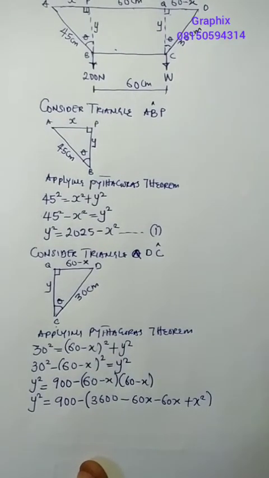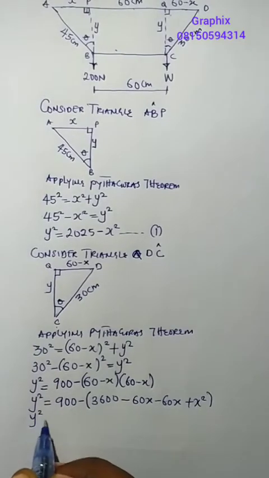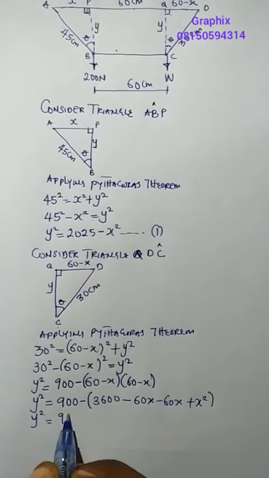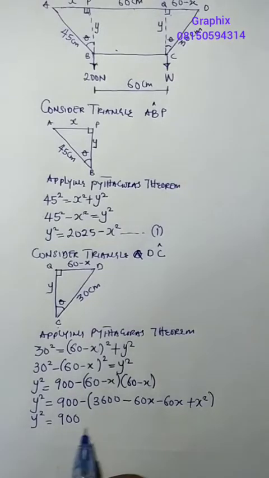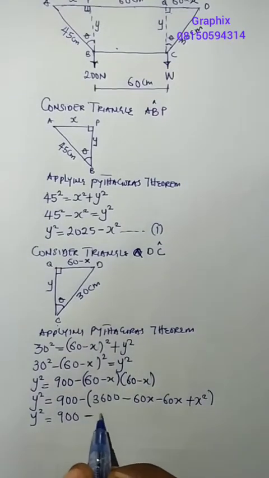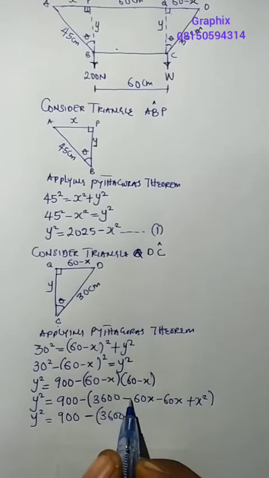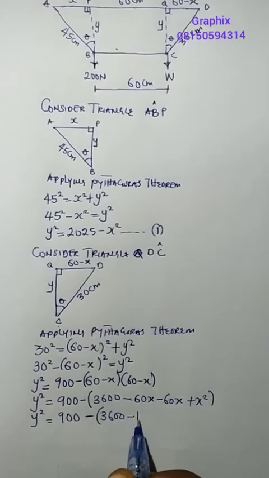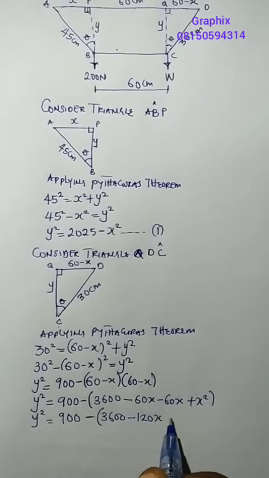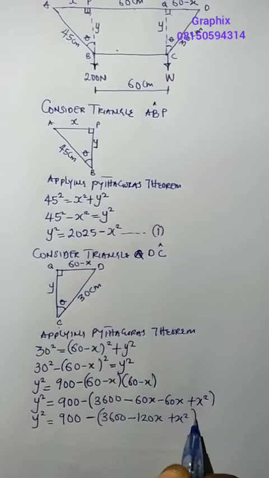So from here we are moving. Now I can write as saying my y squared is equals to 900 minus, into bracket, 3600 minus 60x minus 60x will give you minus 120x plus x squared.